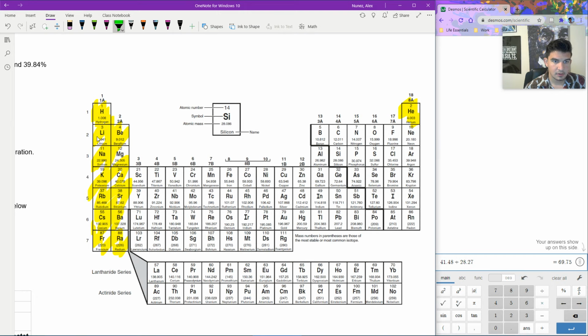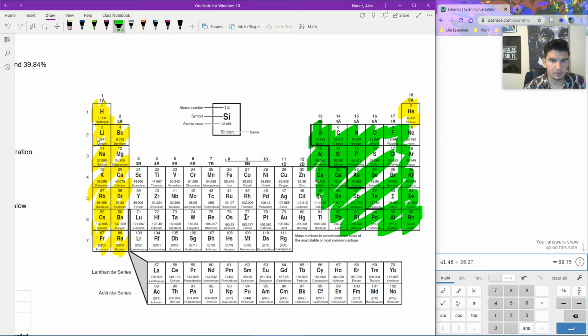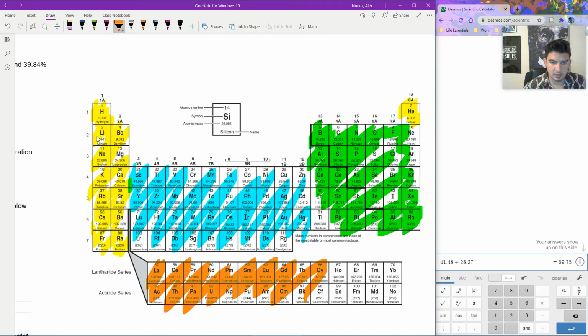Then there is the p orbital, and the p orbital can hold a grand total of 6. Then we learned about the d orbital. The d orbital could hold 1, 2, 3, 4, 5, 6, 7, 8, 9, 10. And then there is the f orbital, which could hold a grand total of 12 electrons.